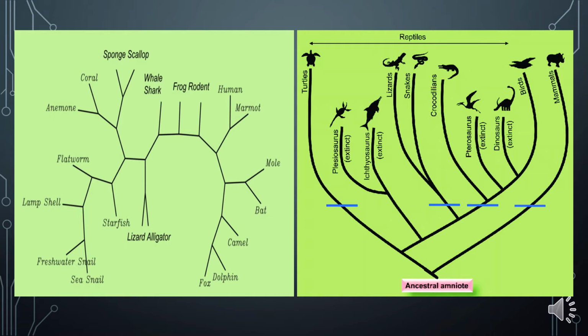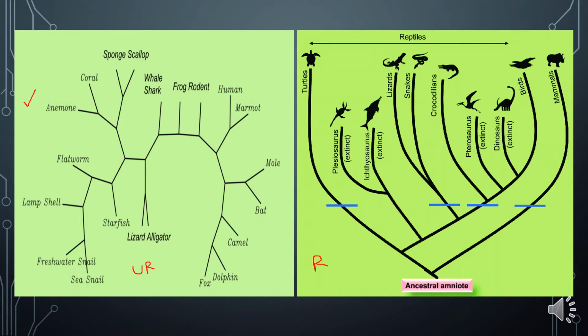Phylogeny can be represented by phylogenetic trees, and we see that this is an unrooted tree and this is the rooted tree. Now we can easily find the difference between the two. In this unrooted tree, we are not sure of the ancestor. In this unrooted phylogenetic tree, we are not sure which one is the common ancestor.